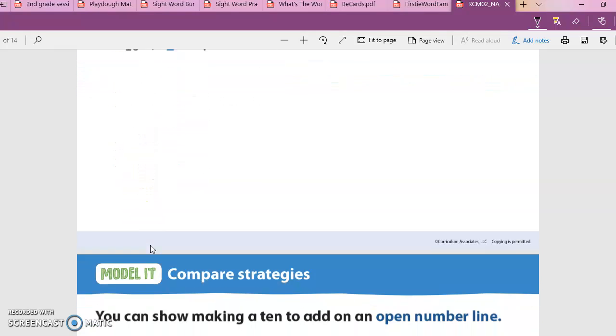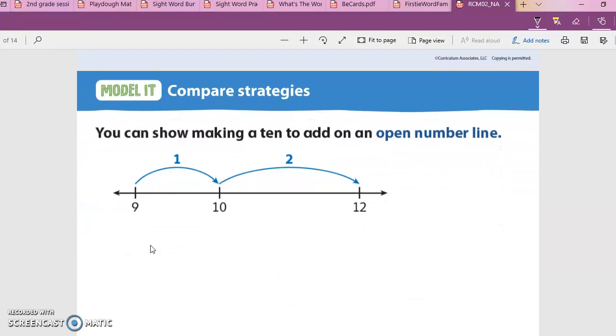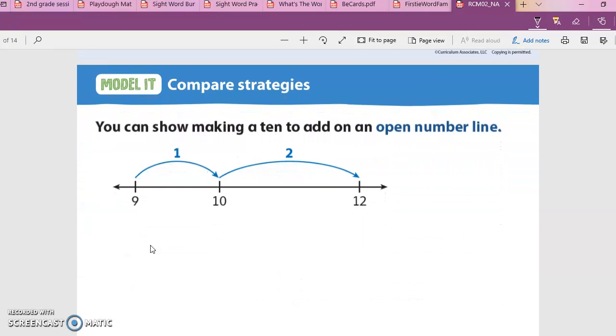You can also use an open number line, which is kind of how I demonstrated the first problem at 7 plus 5. So we can show making 10 on an open number line. We start at 9 and we hopped 1 number to make 10.